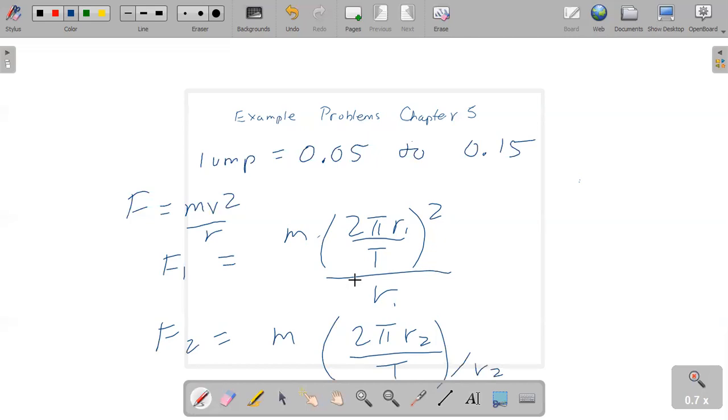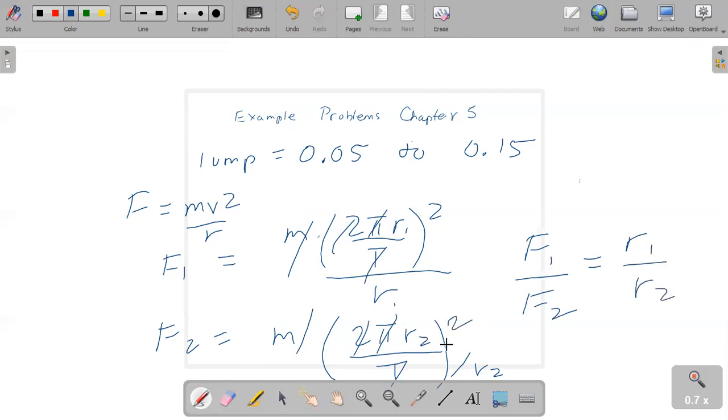If we take all the constants out, we have simply F1 over F2 equals R1 over R2, because this is squared too. These go, and one of those goes. So that's it, and that concludes your example problems from chapter 5.